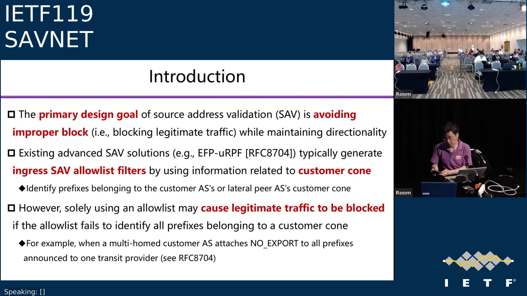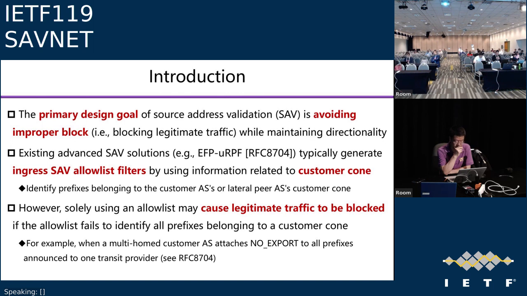Existing SAV solutions such as EFP-UIPF typically generate ingress allow list filters by using information related to the customer cone. However, solely using an allow list may cause legitimate traffic to be blocked if the allow list fails to identify all prefixes belonging to the customer cone.